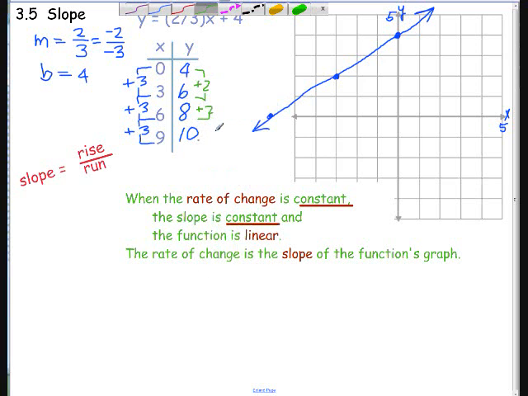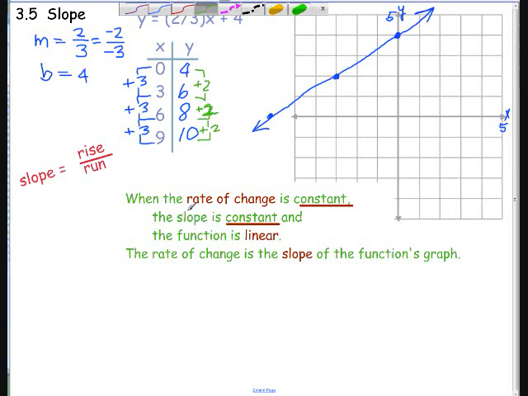And then from 8 to 10 is also a plus 2. That doesn't look much like a 2, but it is. So the rate of change is constant. Every time I go over 3, I go up 2.